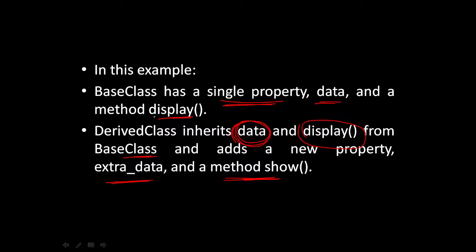So this property as well as method are inherited from the parent class to the derived class, and we are adding some more properties, here extra data, and we are also adding one more method called show. So this is how we are inheriting the property and method, as well as adding the method called show.